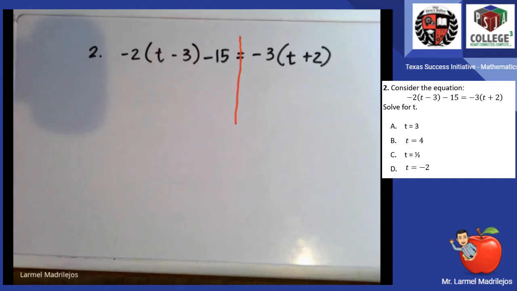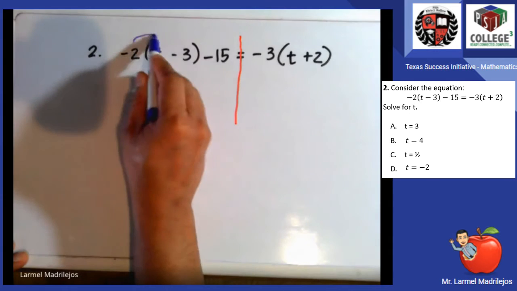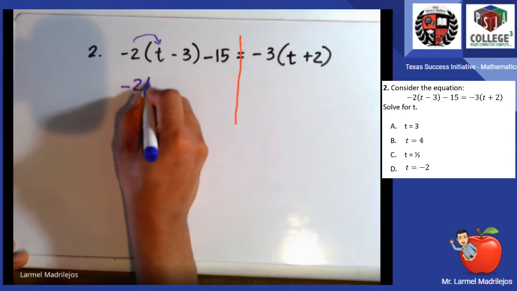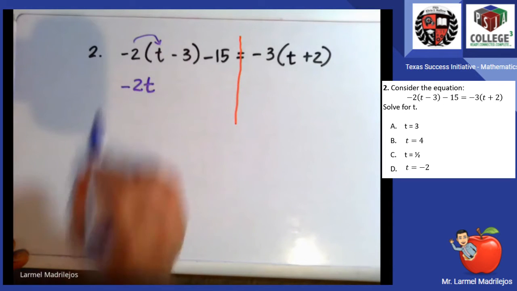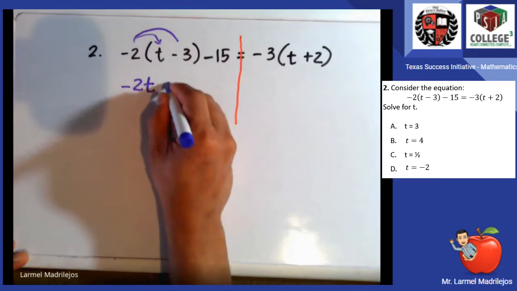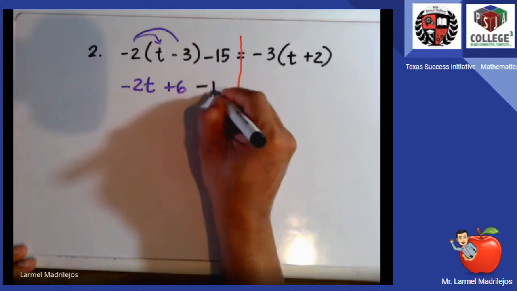First thing I'm going to do is distribute the negative 2. So this becomes negative 2t. Distribute or multiply, this becomes positive 6. So that's my new numbers there. Minus 15.